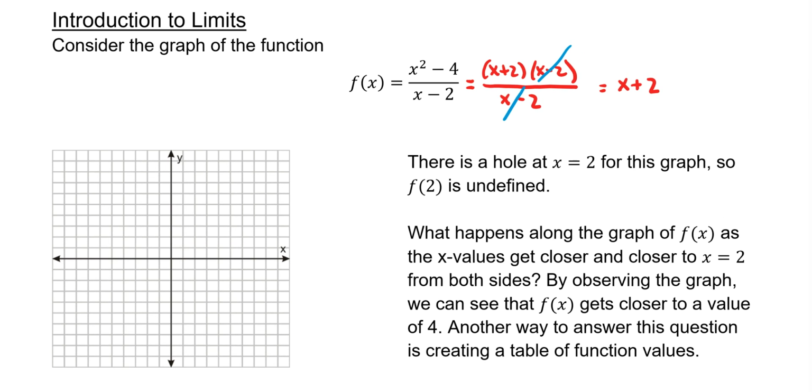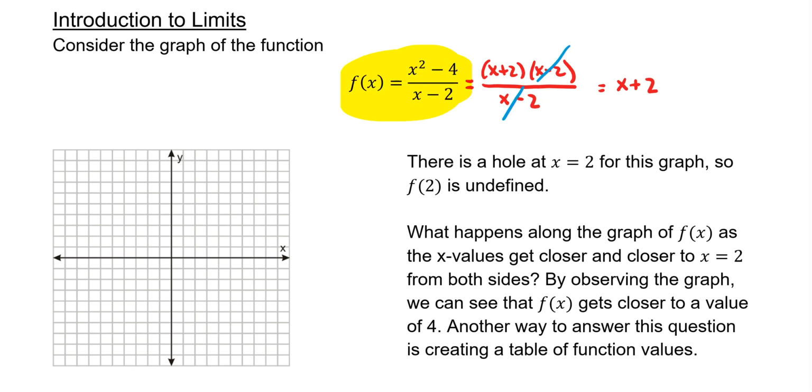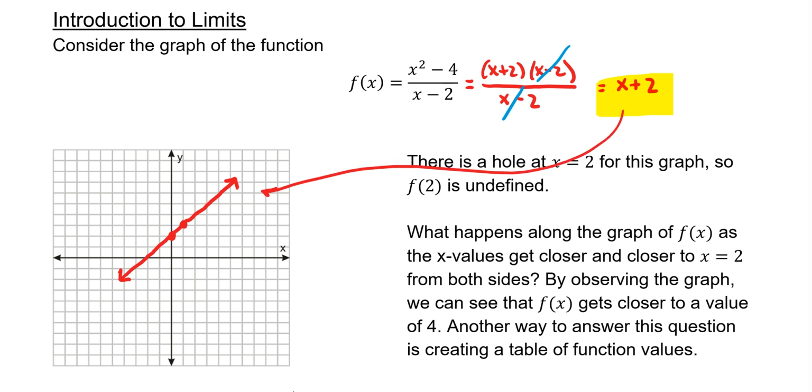So that means we can actually graph this function pretty easily, because we can just graph the linear function y equals x plus 2, which is of course a y-intercept of 2 and a slope of 1 over 1. So that would look something like this. So that is the graph of y equals x plus 2, and it's almost the graph of the original, but remember that when we cancel common factors, when we're simplifying a rational function, that means there's a hole.